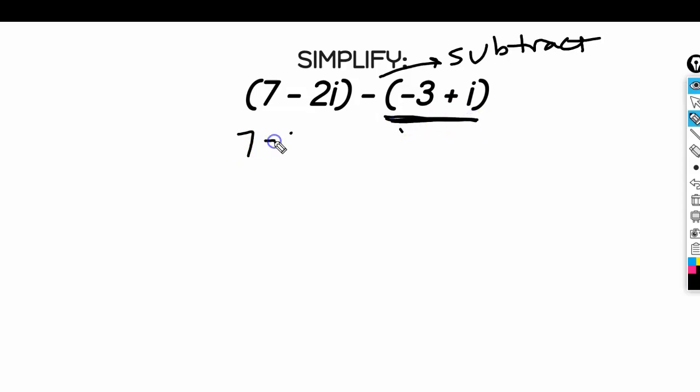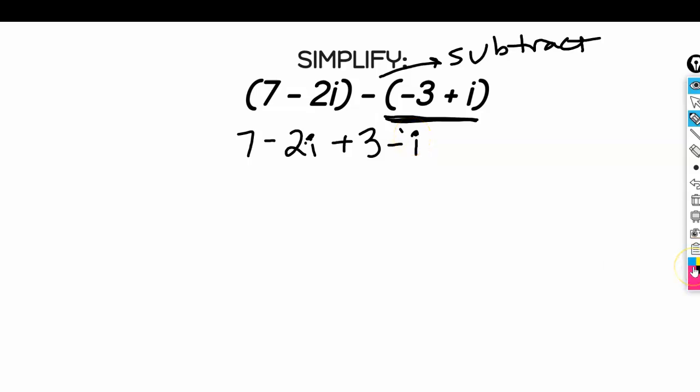So I've got 7 minus 2i, that stays the same. Then instead of negative 3, instead of minus 3, I change it to plus 3. Instead of plus i, I change this to minus i.